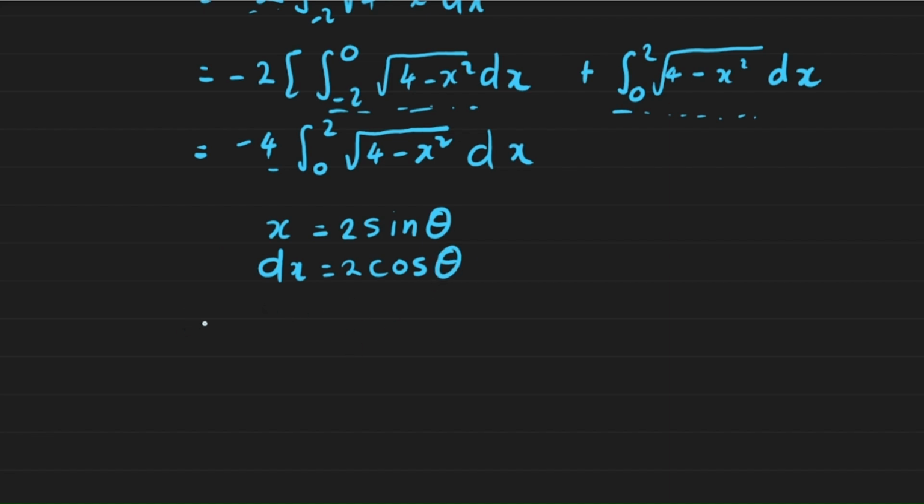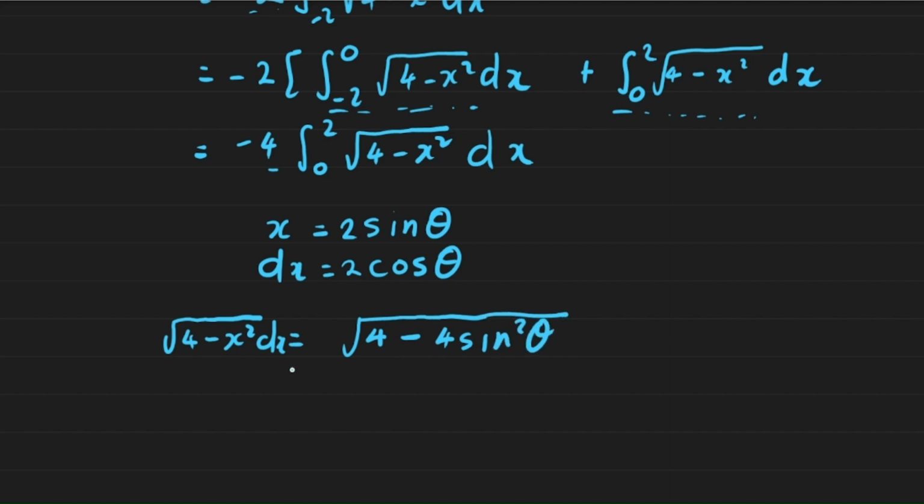So if we just write down the term that's inside the integral, that is the square root of 4 minus x squared, then there's a dx as well. This is equal to the square root of 4 minus 4 sine squared theta, because of course the x squared, multiplied by dx, and dx is 2 cos theta d theta.